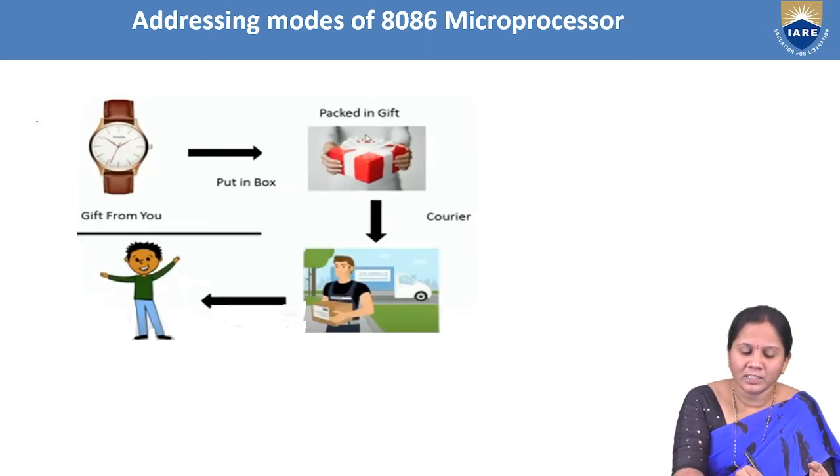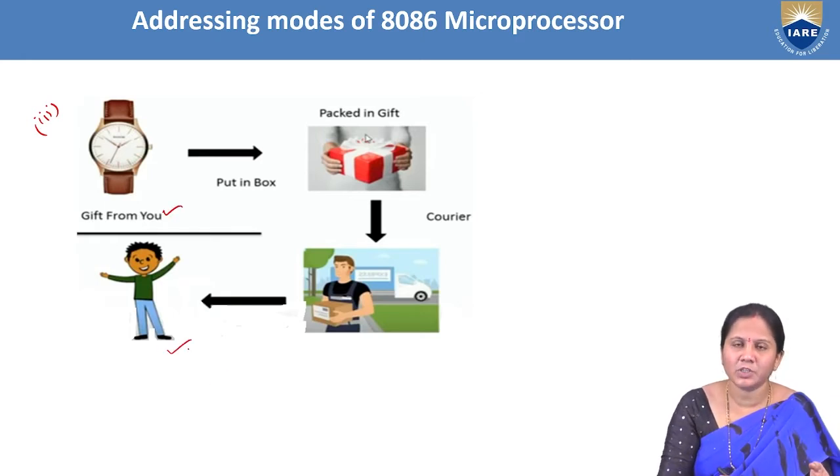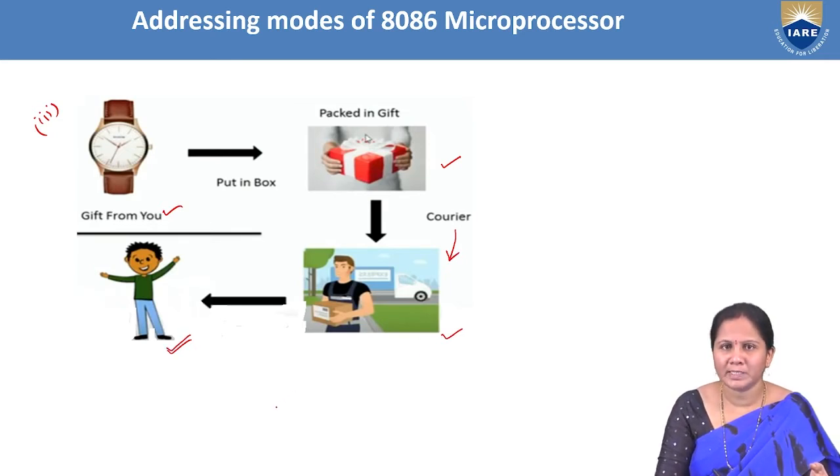In another case, the same gift is sent to the destination, that is the friend, in another way: taking this gift, packing it into a gift box, sending that gift box through a courier boy, and the courier boy gives the gift to the person.